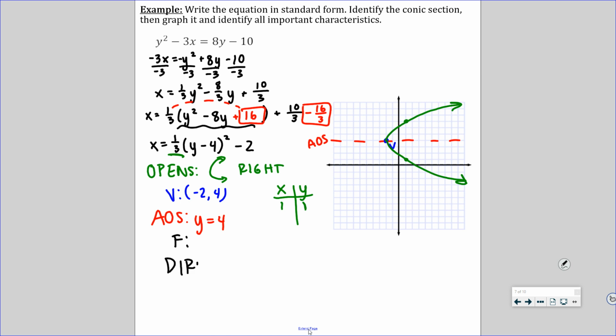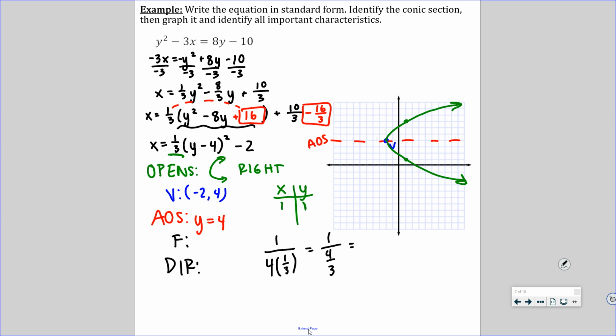The only last thing, because it says identify all important characteristics, is the focus and the directrix. So we just do 1 over 4a. What's my a? 1/3. What does that simplify to? 3/4.